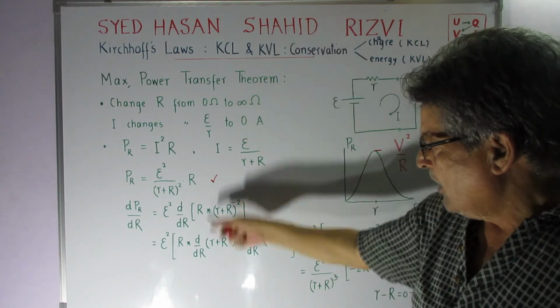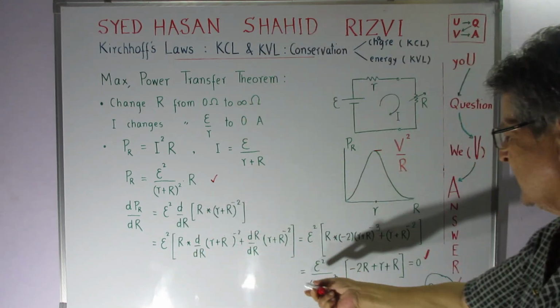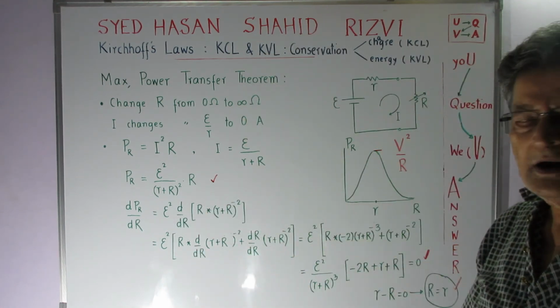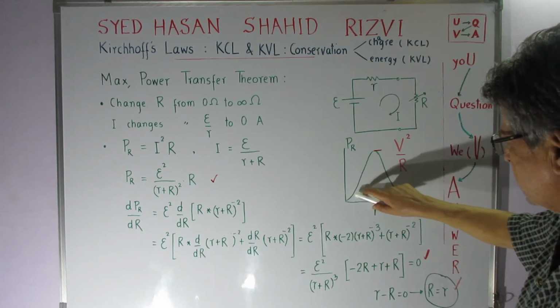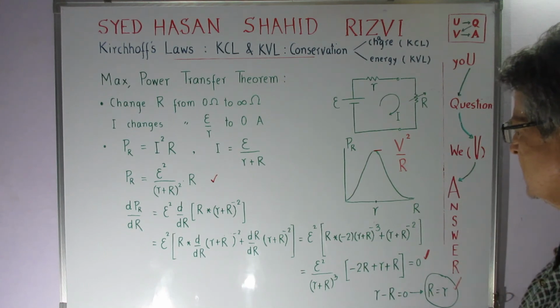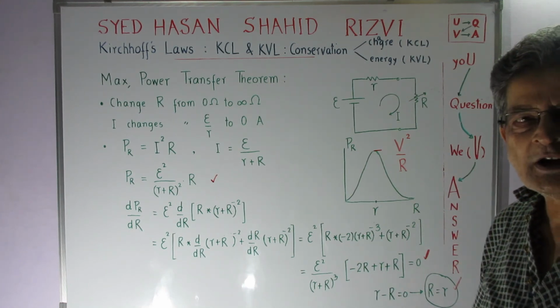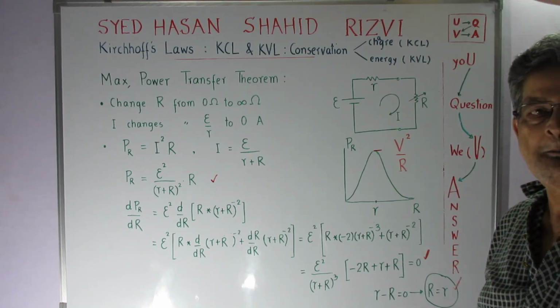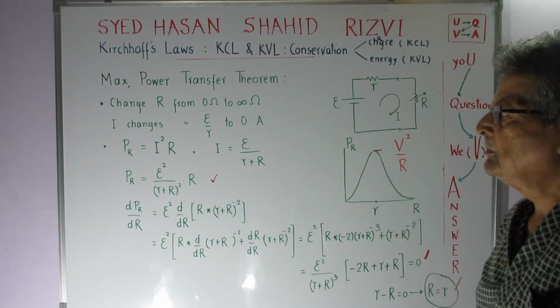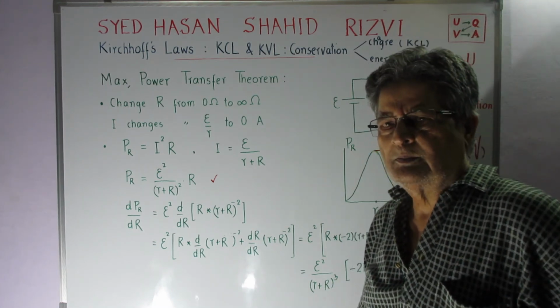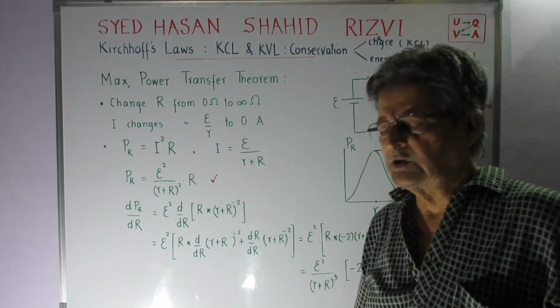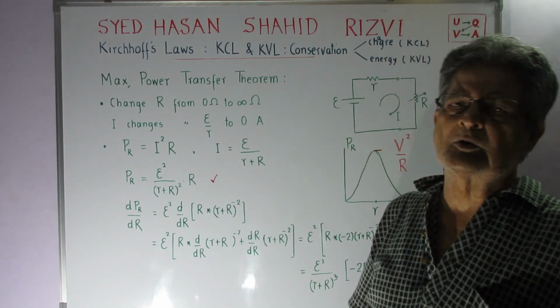Okay, but for now this is only just to give you an exercise, to show that it is this thing which determines what the condition is, because those people who solve the problem say that when the current is maximum, then the power will be maximum.